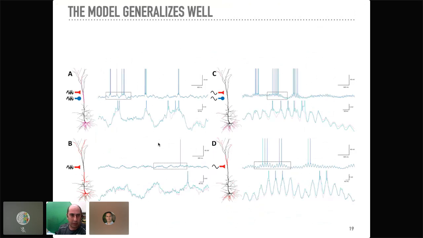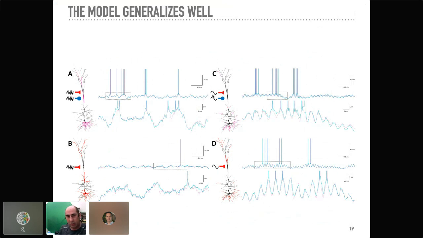Moreover, this network actually generalized very well. If we activate only parts of the dendrite, we take a simulation and put the excitatory and inhibitory inputs only on some of the dendrites, not on all of them, and we run the simulation and then we run the network, they still fit very well, even though the network hasn't seen any such example in the training set.